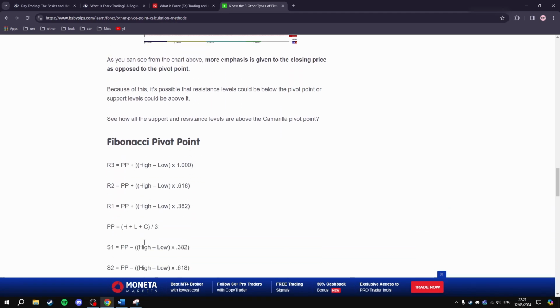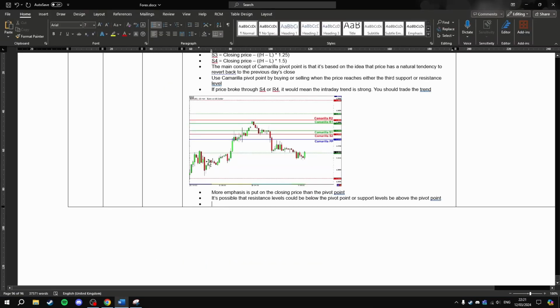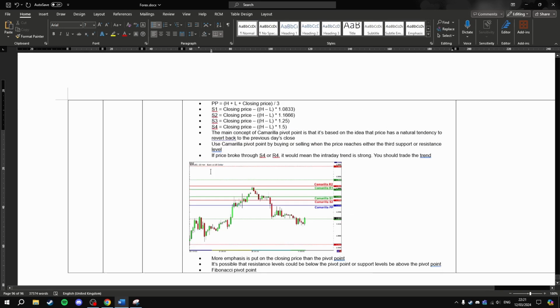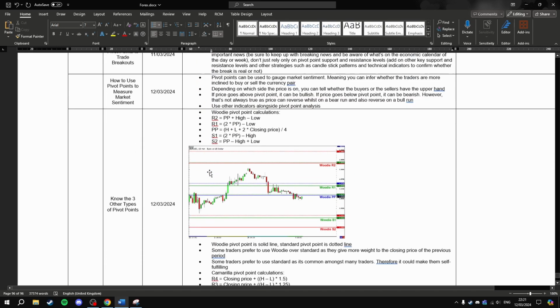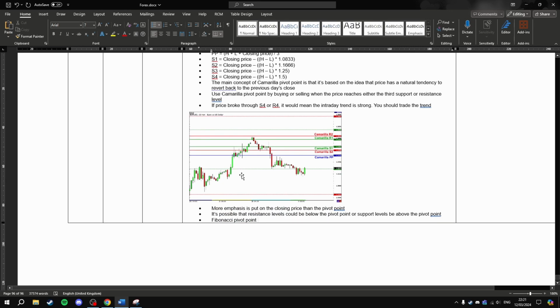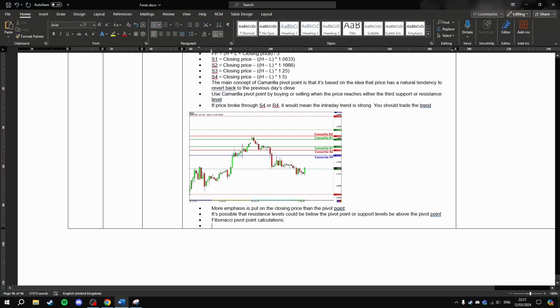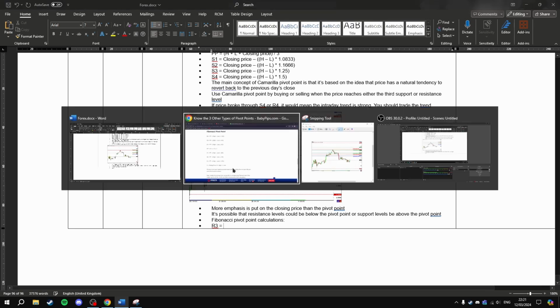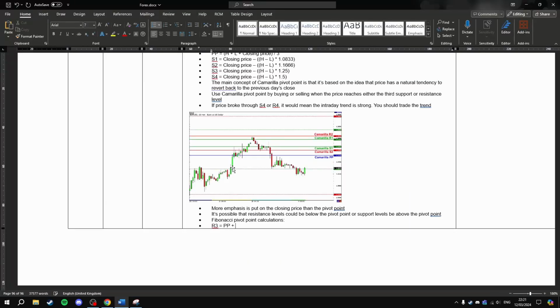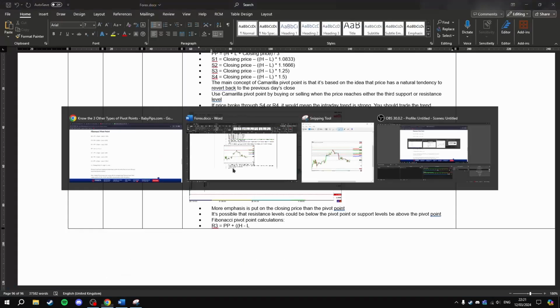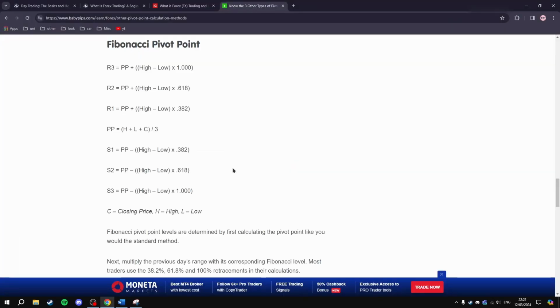Fibonacci pivot point calculations. R3 is equal to PP plus high H minus L times by 1.